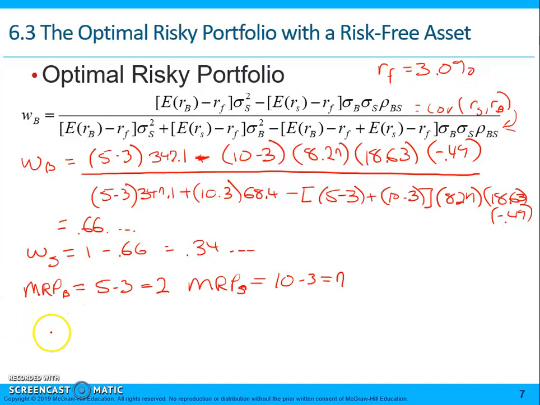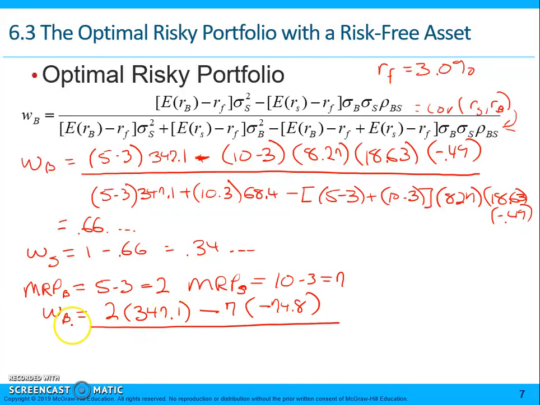So we can redo the calculation. The weight in bonds is simply, we've got 2, our market risk premium for bonds, multiplied by the variance for stocks. Then we subtract market risk premium for stocks of 7, and we multiply that by the covariance, minus 74.8, and we divide.